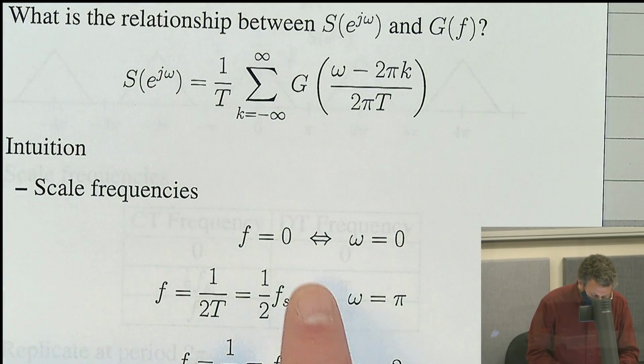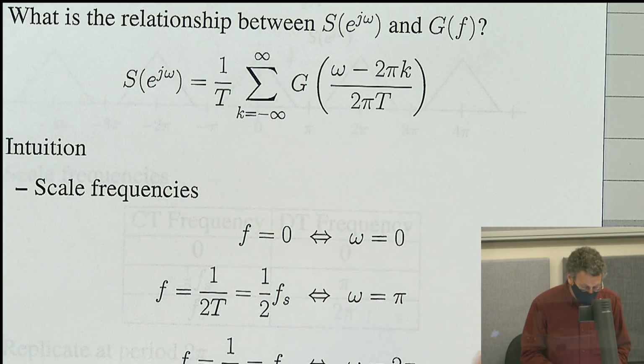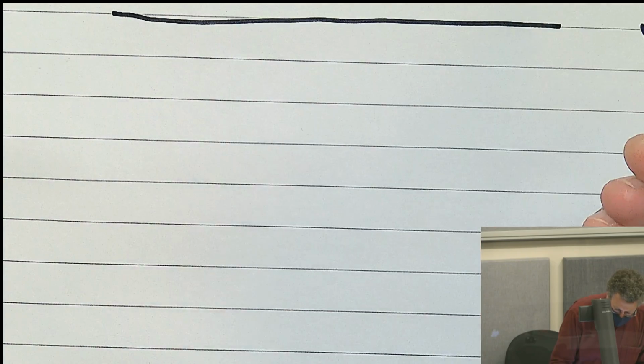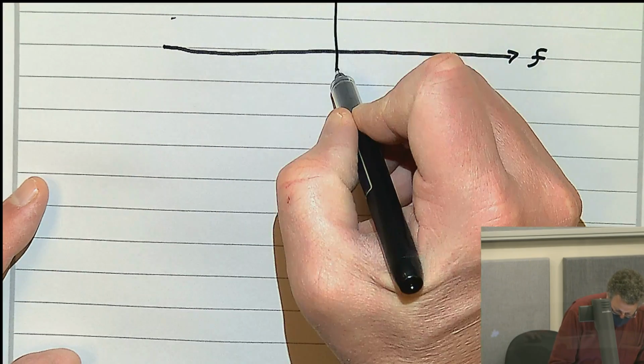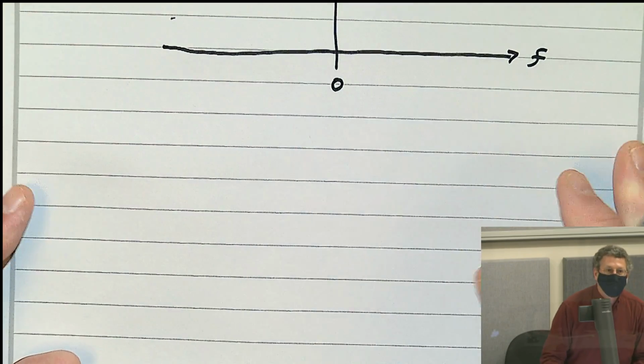Here's the intuition. When you sample a signal, in frequency, you have a signal, and this is in frequency. Let's say this is F. This is frequency 0.